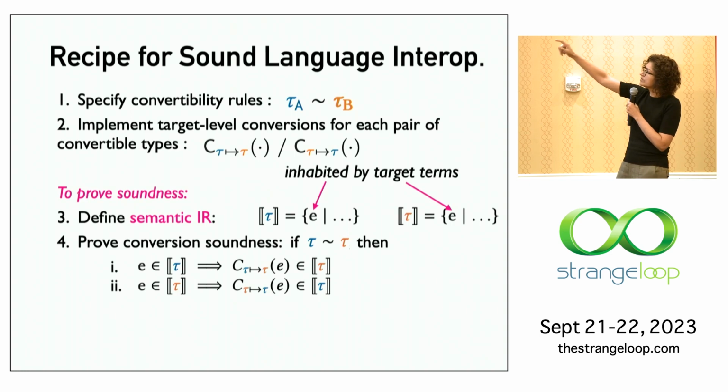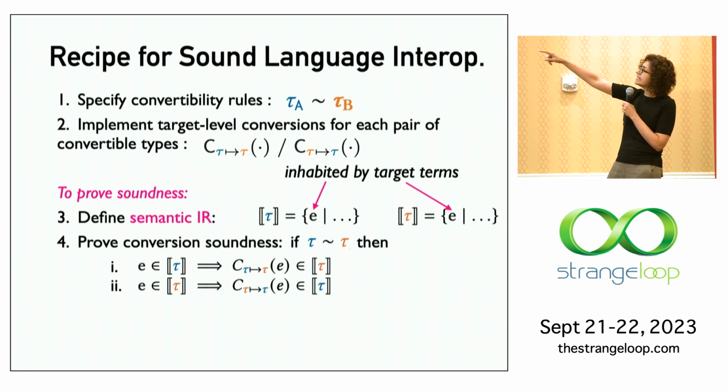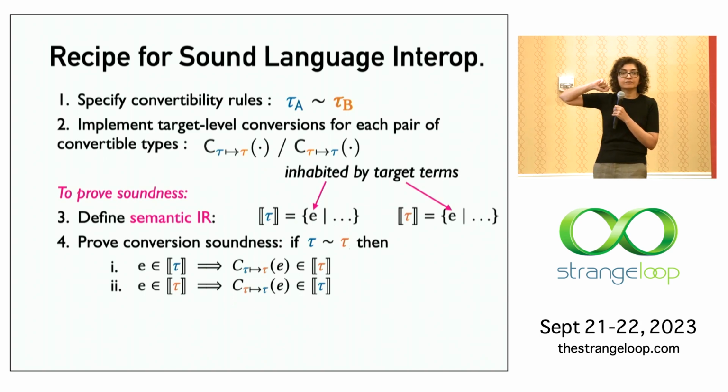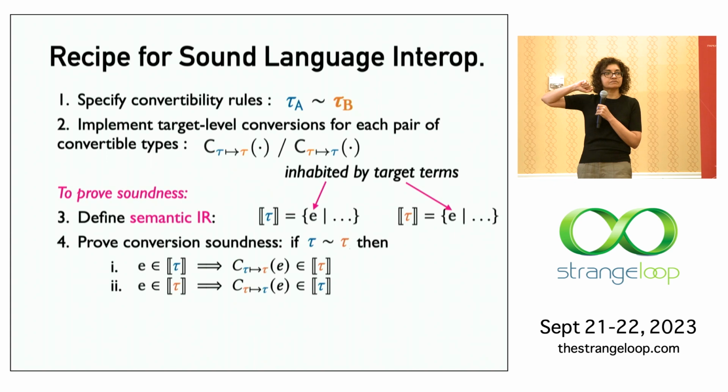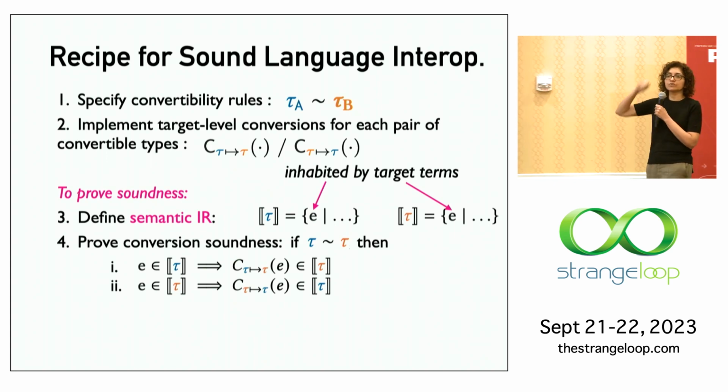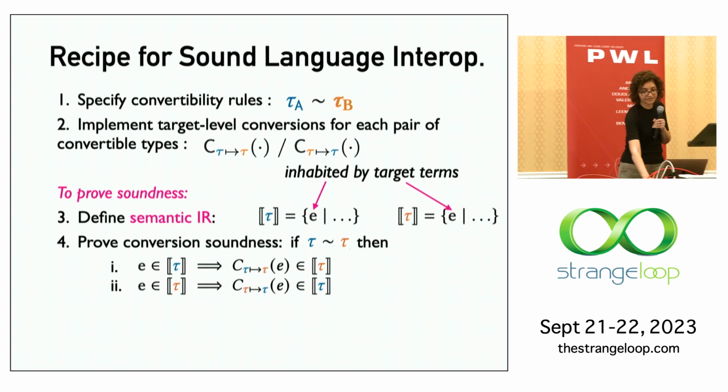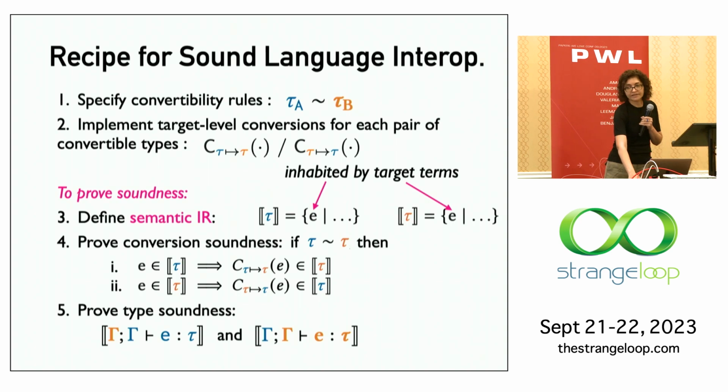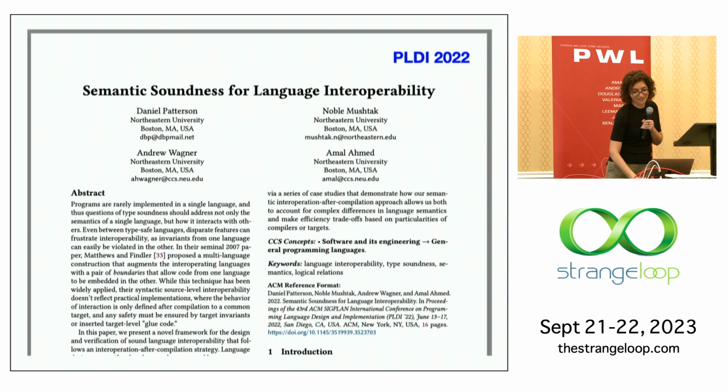You just need to show that if you have a piece of target code that belongs to the blue type, then after you apply your glue code conversion to it, it behaves like it belongs to the orange type, and vice versa. So it just gives you a framework in which you can actually go do the real verification work. And then from that follows type soundness, which I'm not going to get into.